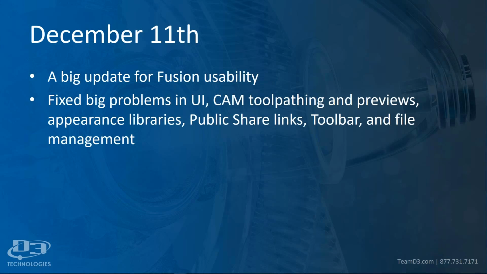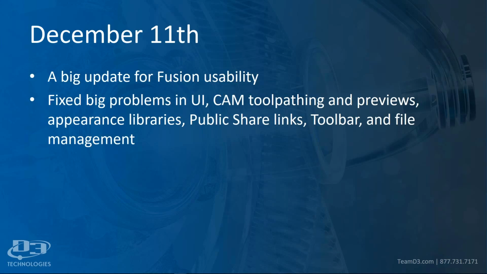All right, on December 11th, they had a big update for Fusion usability. This, for me, changed the way I talk about Fusion, and we'll continue on that. But Autodesk fixed a lot of problems with the UI. A lot of commands and menus were sort of revisualized, rearranged.